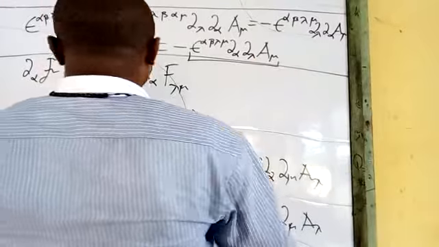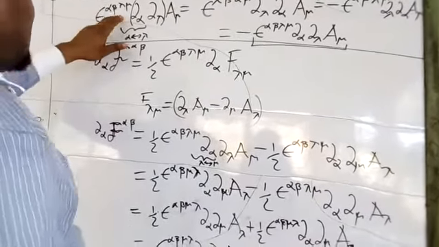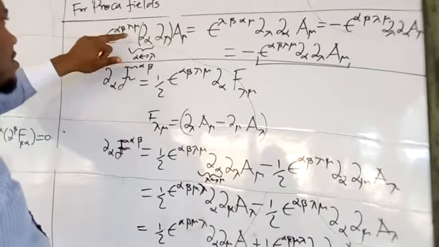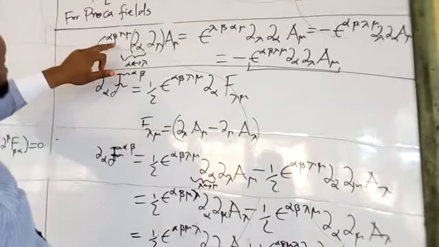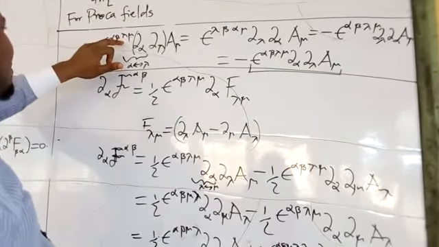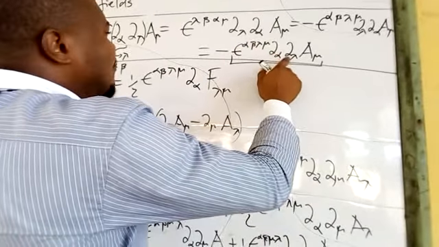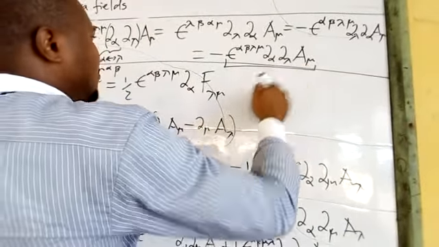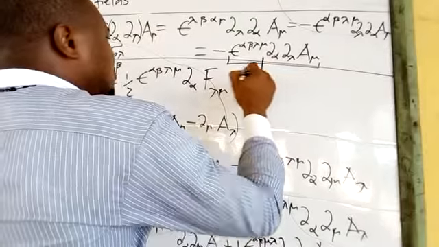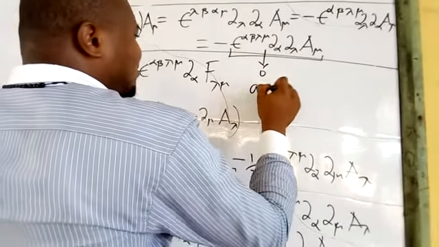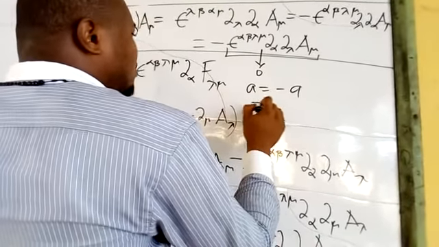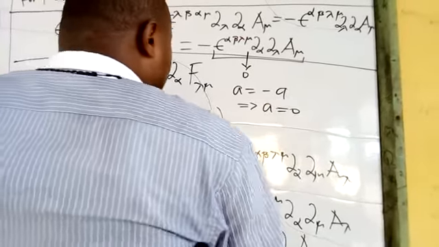If you observe this, you can see that it's just the same as what we started off with here. This is epsilon alpha beta lambda mu, epsilon alpha beta lambda mu, and then alpha lambda, alpha lambda and a mu. And this is going to be equal to 0 because we just have something equal to minus itself. A equal to minus a implies a is equal to 0.